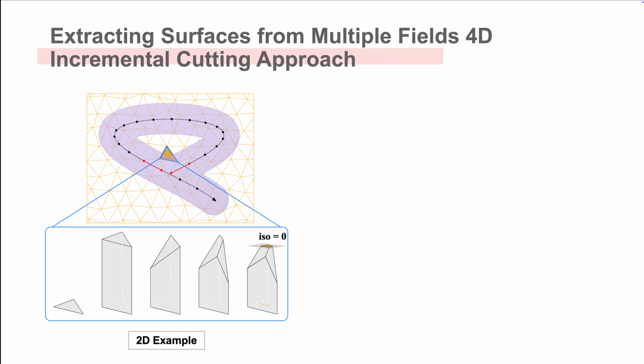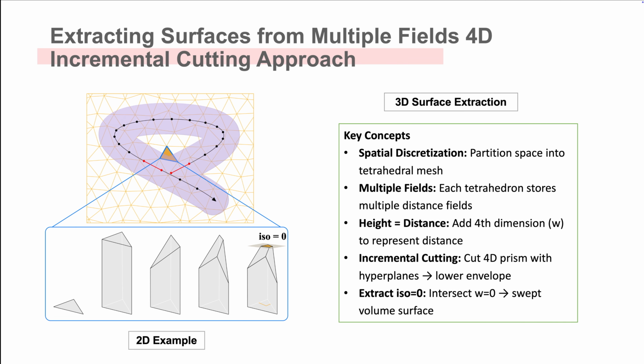For 3D surface extraction, the idea is the same with 5 key steps. Spatial discretization: partition space into tetrahedra. Multiple fields: each tetrahedron stores multiple distance fields, one per time segment. Height equals distance. We add a fourth dimension W to represent distance values.